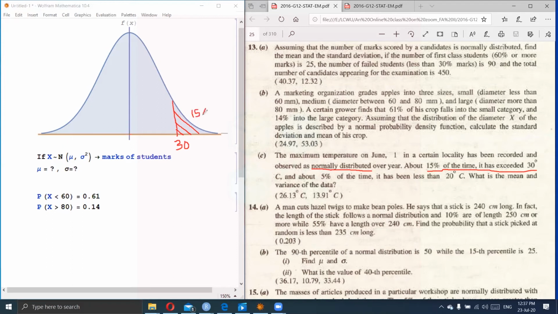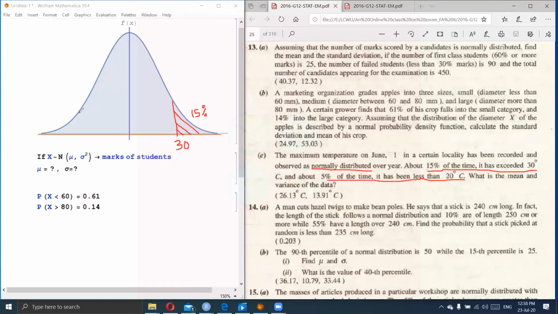Using this information we will construct one equation, and for the other equation we have 5% of the time it is less than 20.